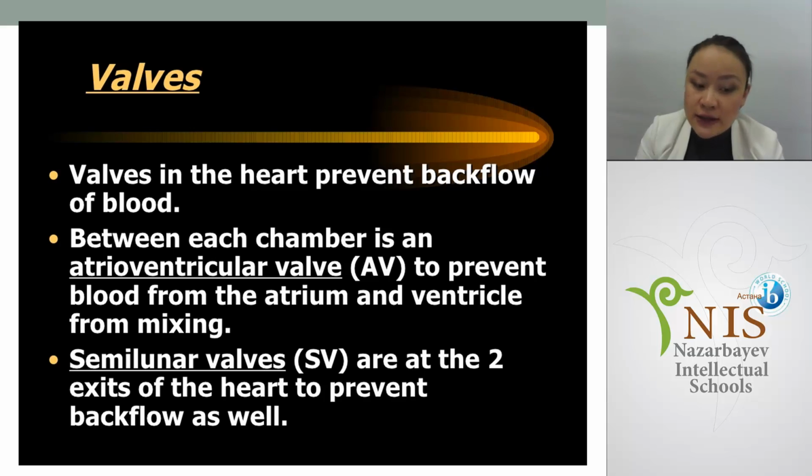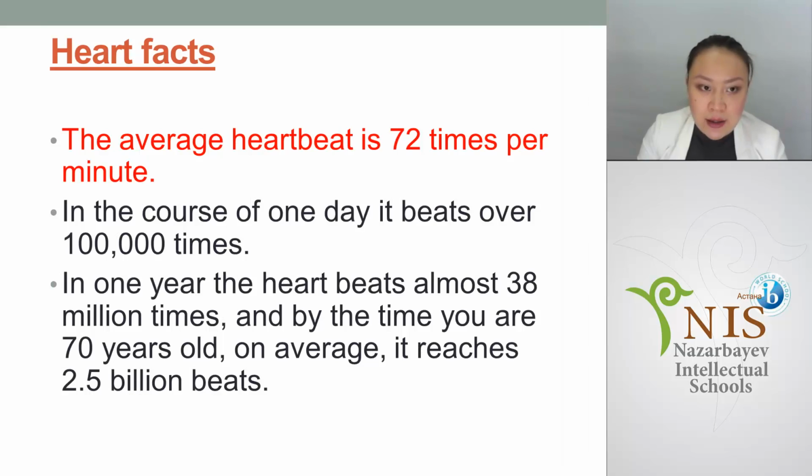And then we have the second type, the semilunar valves, and they are at the two exits of the heart to prevent backflow as well. I will explain this more now.